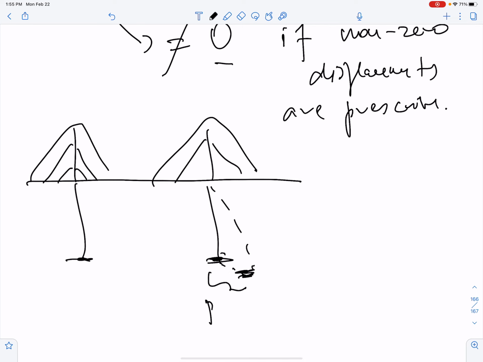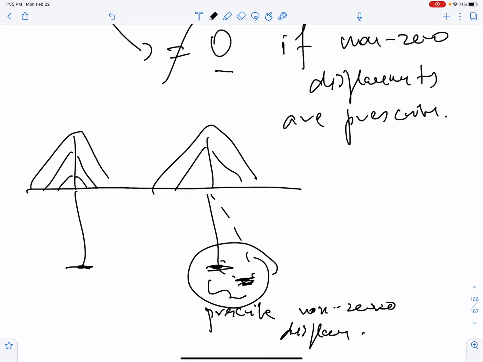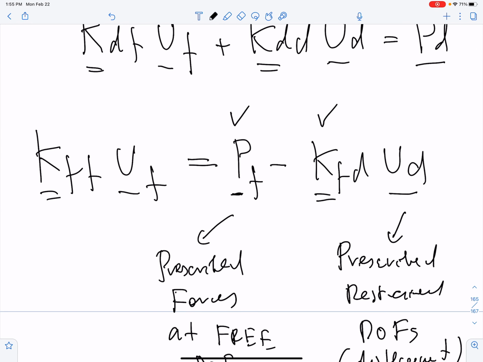So then you prescribe non-zero displacement here. So what's going to happen is this non-zero displacement is going to go and multiply the KFD, and will provide for you what? A force due to non-zero displacement. So this will come in as the additional forcing for the structure.